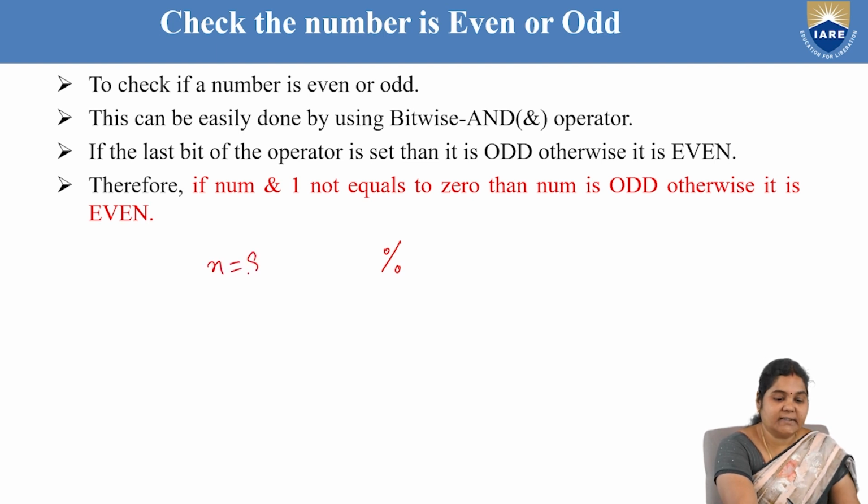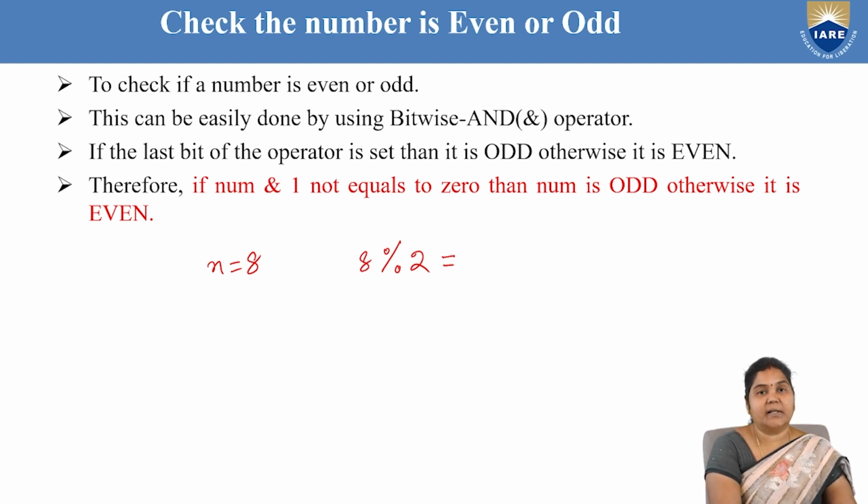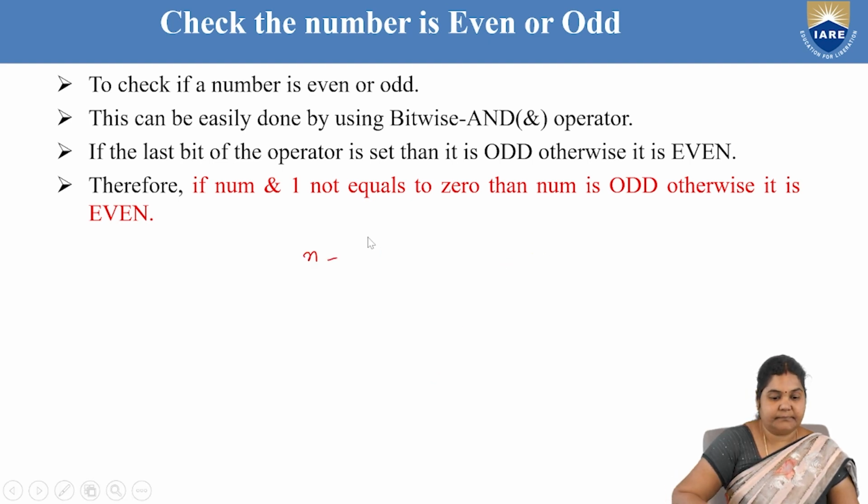Suppose the number is 8, and we want to know whether it is even or odd, we do 8 modulus 2. The modulus operator normally gives you the remainder as 1 or 0. Suppose the remainder is 0, then we say that this number is an even number.